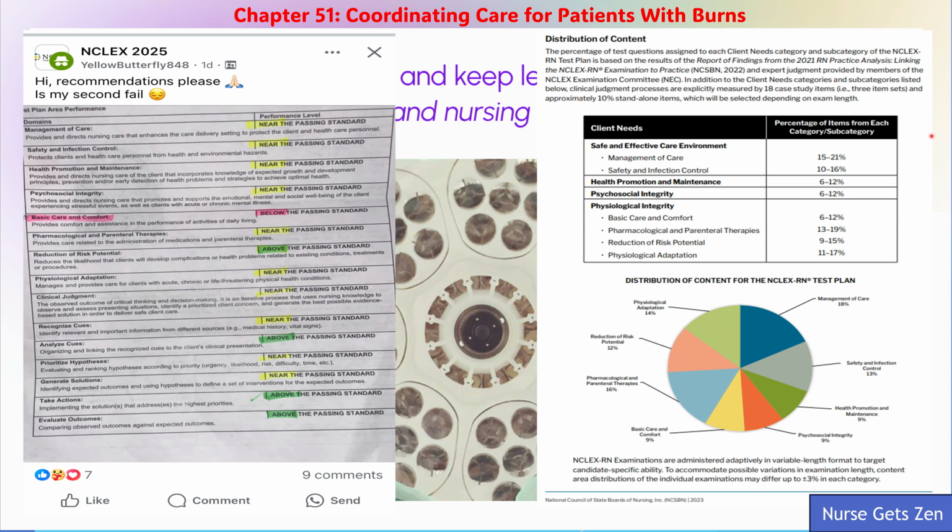Generate solutions: what treatments are included to manage this patient's condition. Taking action: what are the priority interventions for this patient? Evaluating outcomes: what findings demonstrate that the patient's plan is effective? What follow-up data are still needed?